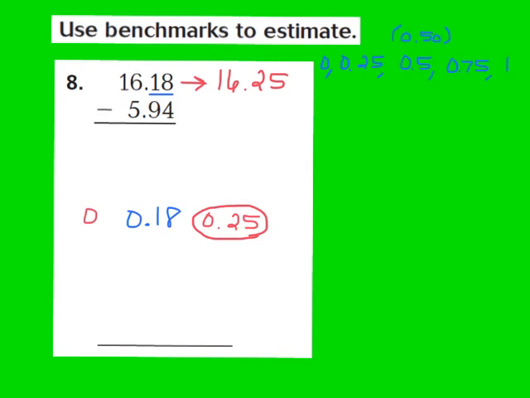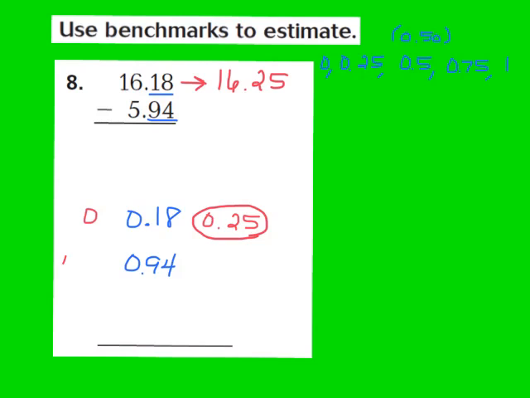Now, let's take a look at the second number that's given. We have 5 and 94 hundredths. And what I'm going to do once again is focus on the decimal part of that number, which is 94 hundredths. So I'm going to come down here and write down that 94 hundredths. And then I'm going to choose the two benchmarks that that 94 hundredths falls between. What I know is 94 hundredths would fall between 75 hundredths and the whole number 1. So I'm going to write those benchmarks down on either side of my 94 hundredths.